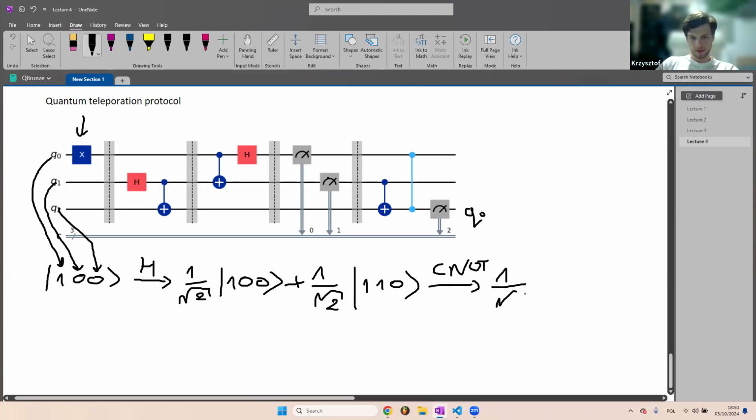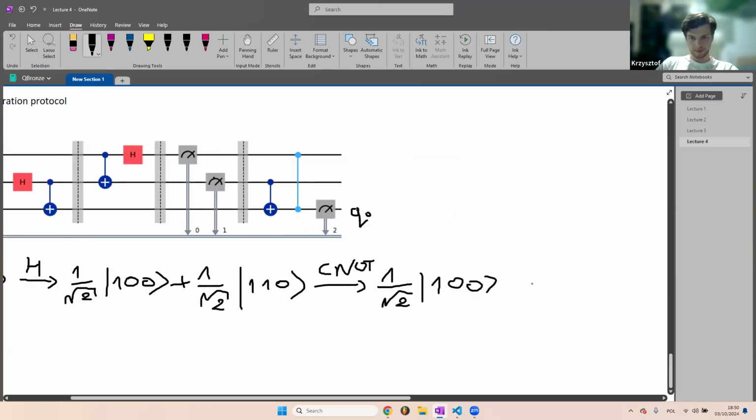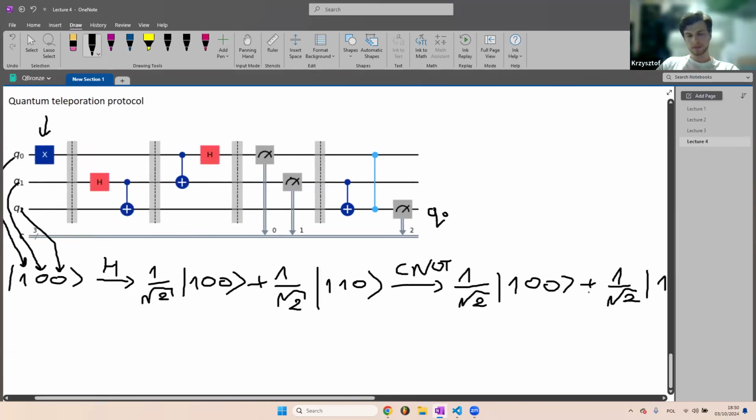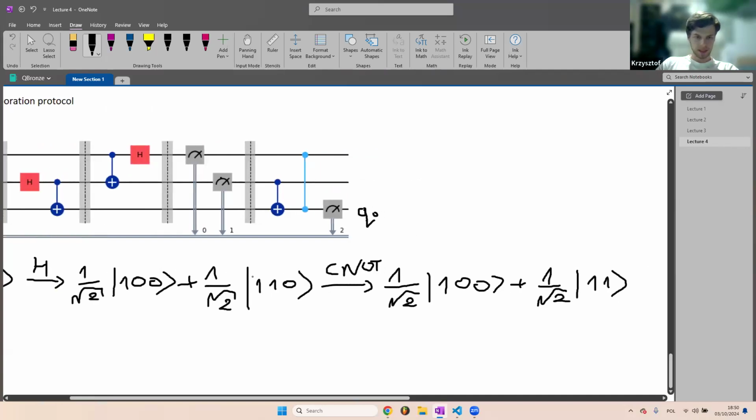So after that, we have 1 over square root of 2, 1, 0, 0, plus 1 over square root of 2, 1, 1, 1. Yes, because now the control qubit is 1, so we apply the X operator to the third qubit. I missed one here.